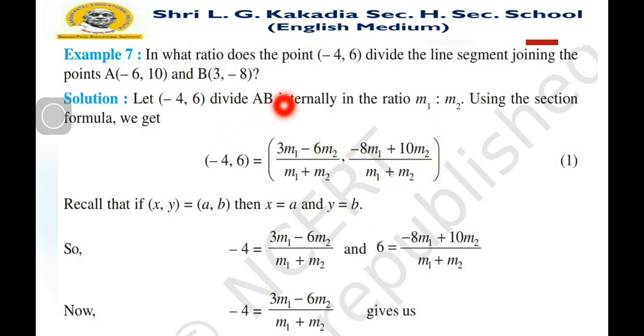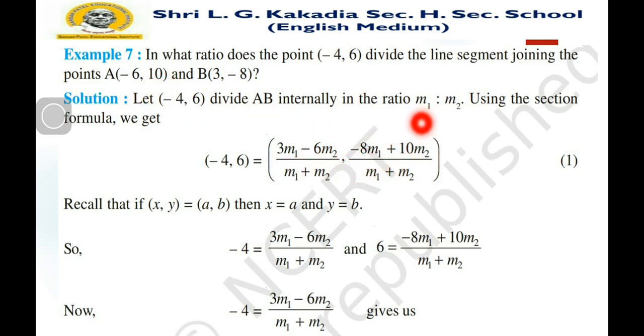So just put the values: x comma y is given as (-4, 6), and m1 into x2 which is 3, m2 into x1 which is -6, as well as m1 into y2 and m2 into y1, upon m1 plus m2.